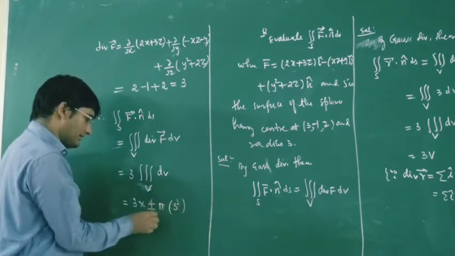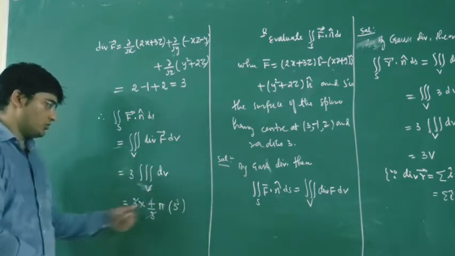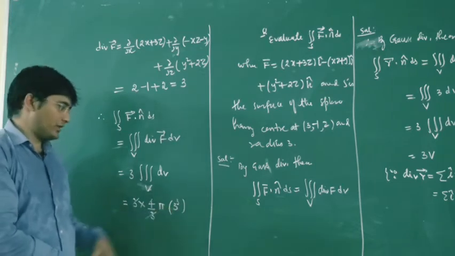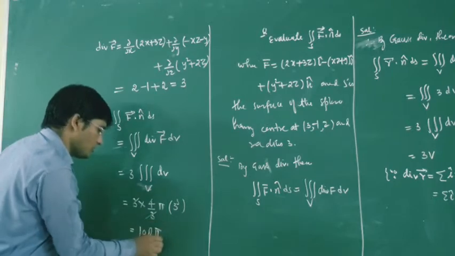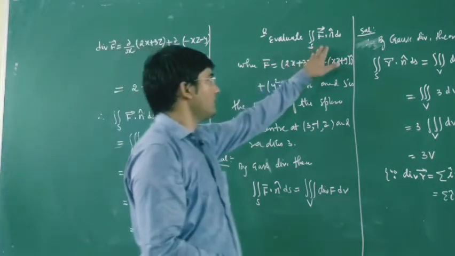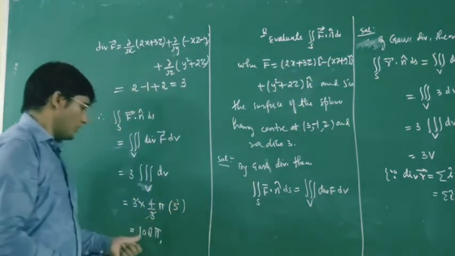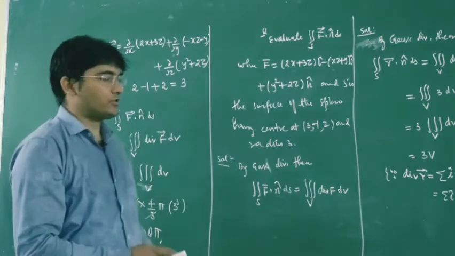Now 1 by 3 will get cancelled with this 3, so 3 3s are 9, 3 9s are 27 into 4, and hence it is 108 pi. So the value of this double integral is equal to 108 pi with the help of the Gauss Divergence Theorem.